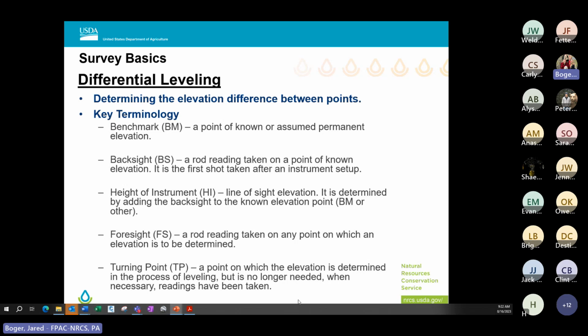And then a turning point. This is an elevation that is determined by process of leveling, but is no longer needed when necessary readings have been taken. So, for example, if we need to survey behind a building and for line of sight, we can't see, we actually have to do a turning point to get elevations on the other side.